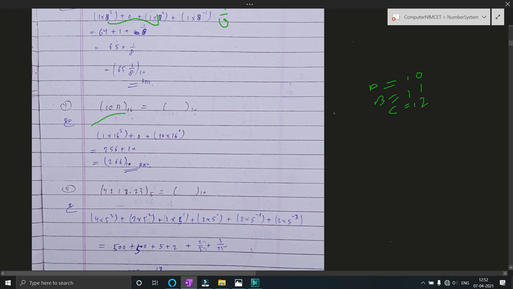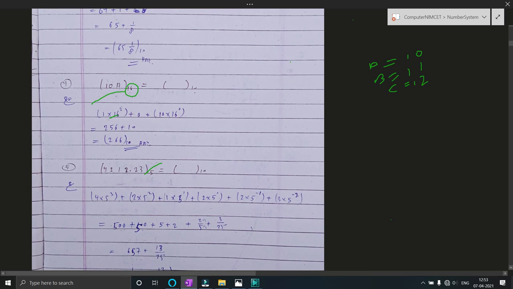Now A represents 10, so 10 into 16 power 0, and why 16 this time? Because the base is 16. So 16 power 0 plus the next digit is 0, so 0 into something, that is 0, and next 1 into 16 square, so we'll get 16 square, that is 256, and 10 into 1, that is 10, so 256 plus 10, that is 266. So this time we have converted a hexadecimal number into a decimal number.